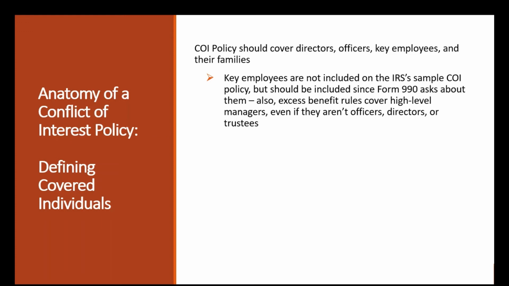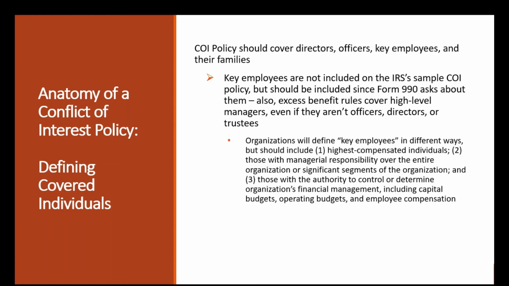Also, as we've touched on, the excess benefit rules cover high-level managers even if they aren't officers, directors, or trustees. So the excess benefit rules can extend to affect your key employees, so we may as well include them in the scope of our conflict of interest policy.